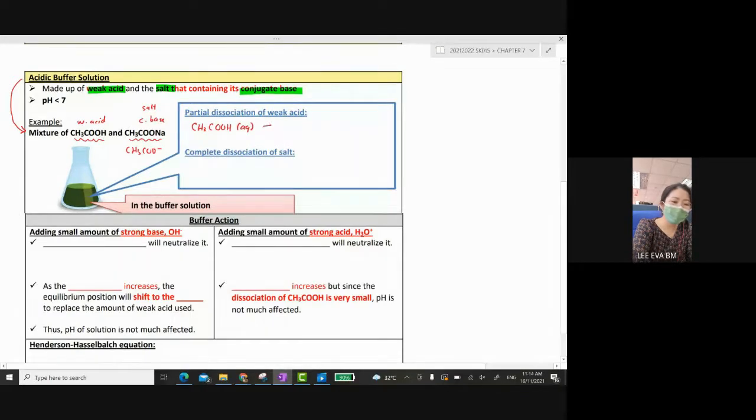So when it dissociates partially, that means this system is in equilibrium. So it will produce your CH3COO minus, the conjugate base, and also the H plus aqueous. Let's say if you use the equation, you add in water, therefore you are producing H3O plus. So apa yang kita belajar sebelum ni lah untuk partial dissociation.